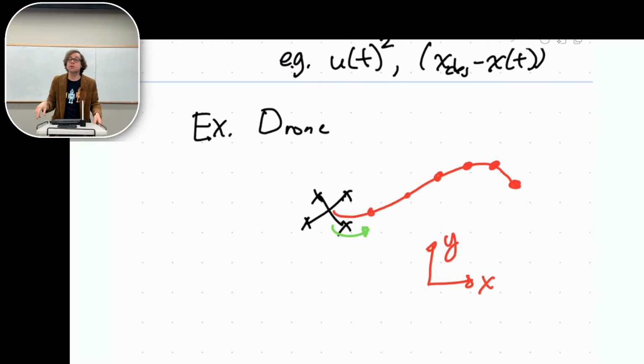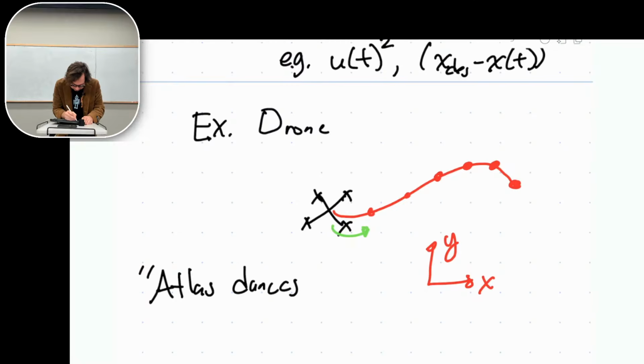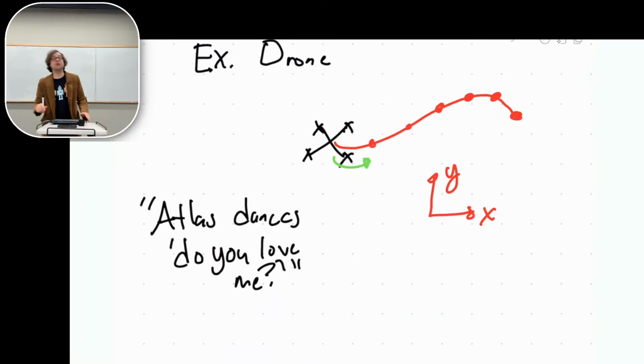If you look at the robot called Atlas dancing, "Do You Love Me" is the song, it's using model predictive control to do all that.